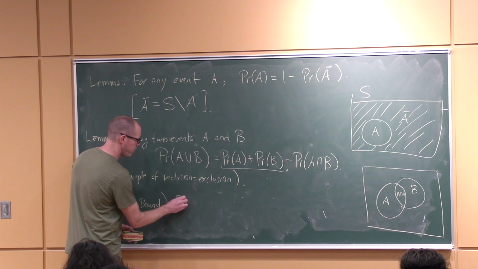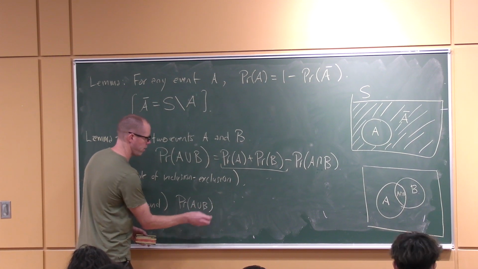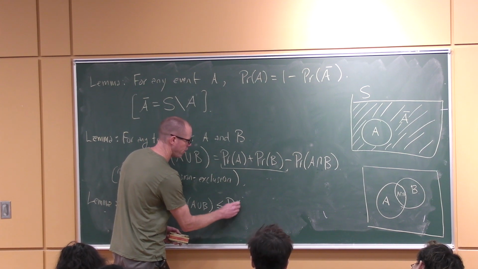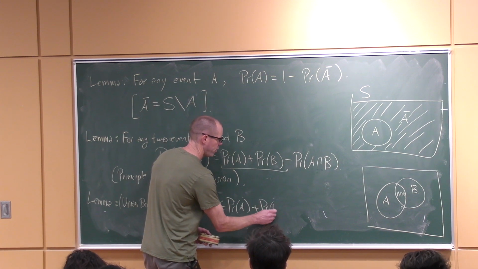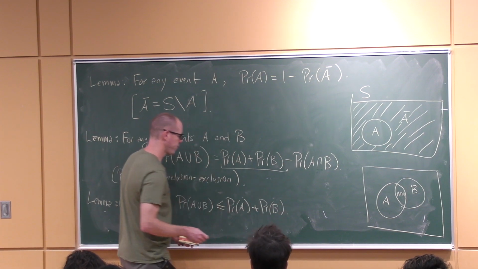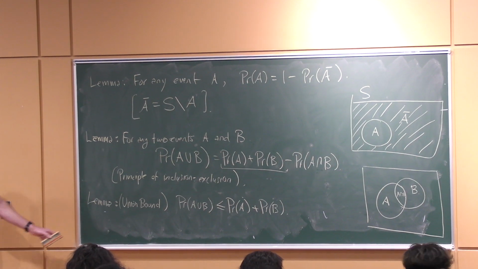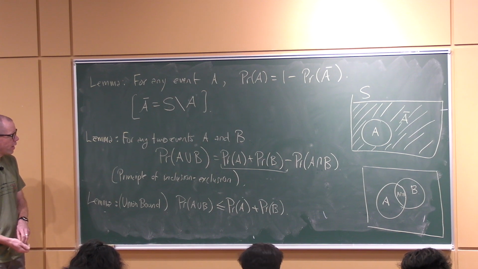And that says that the probability of A union B is at most the probability of A plus the probability of B. Okay? And let's see why that's so obvious.